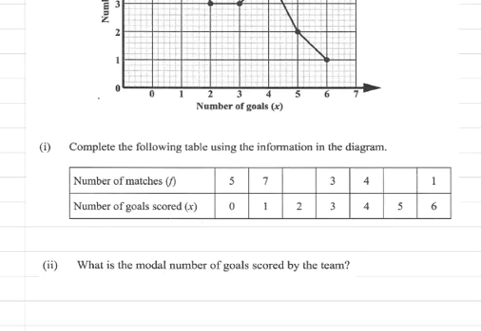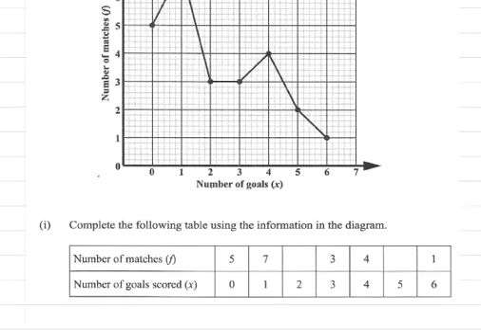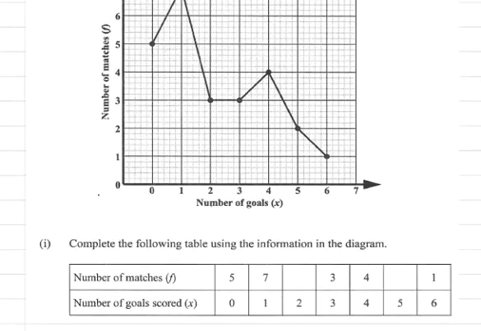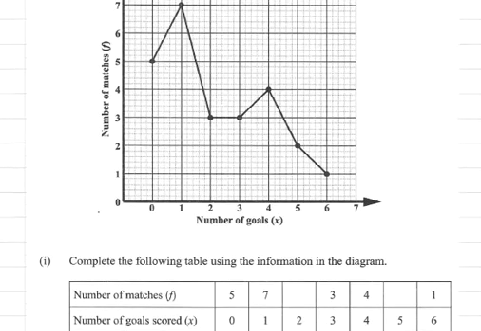Alright, so we have x is the number of goals and f is the frequency. When x is 2, the frequency is 3, so the value here is 3.